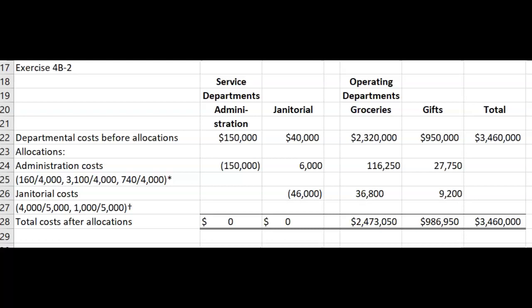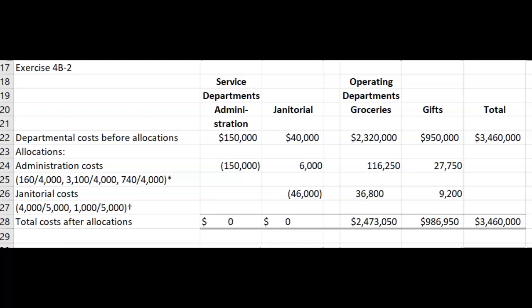Now, because the method to employ is the step-down method, they're telling us to use the administrative department to allocate the cost to the service department janitorial as well as the operating departments. And the choice is based on what service department provides the most services to the other departments, including the service department.